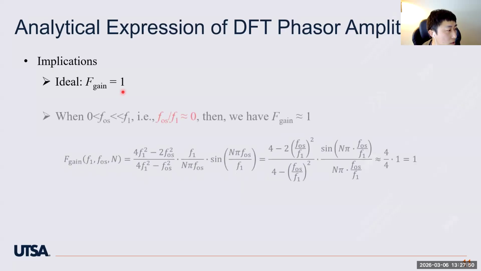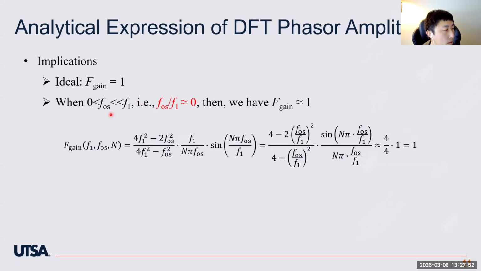That's the ideal case. In reality, this is true, or almost true, when the oscillation frequency is very low. When it's much lower than the fundamental frequency, or when the oscillation frequency is close to 0, for example below 3 to 5 hertz, the electromechanical oscillations.